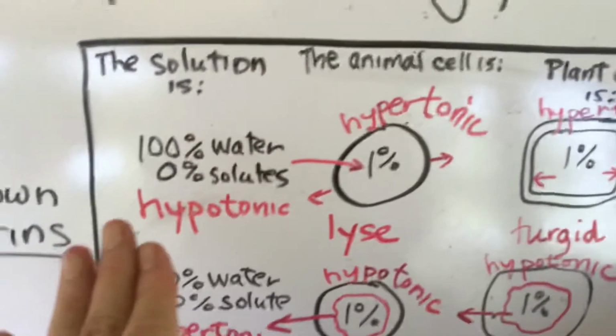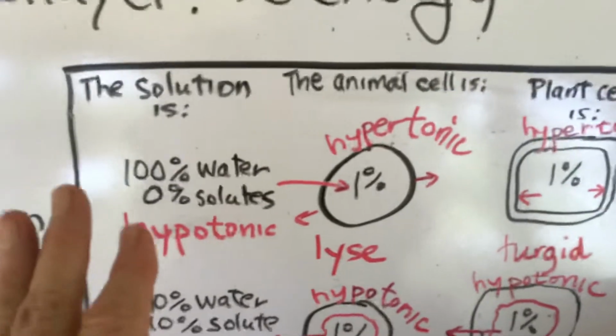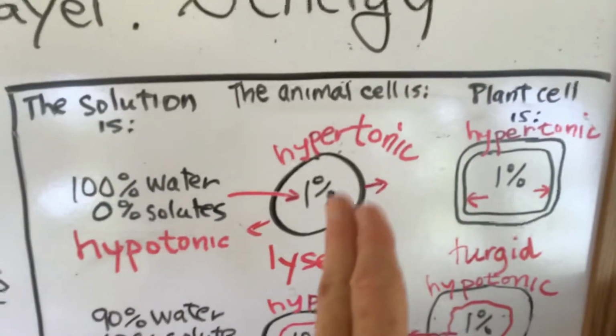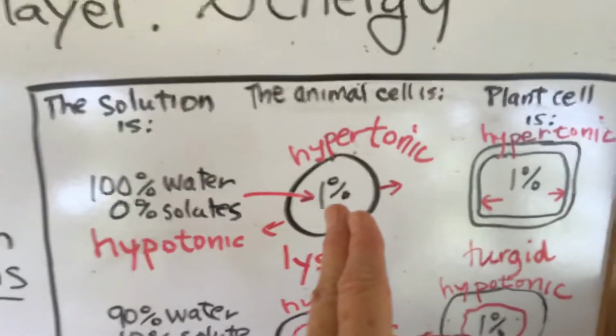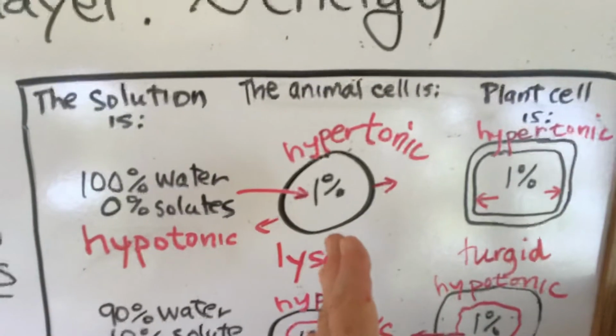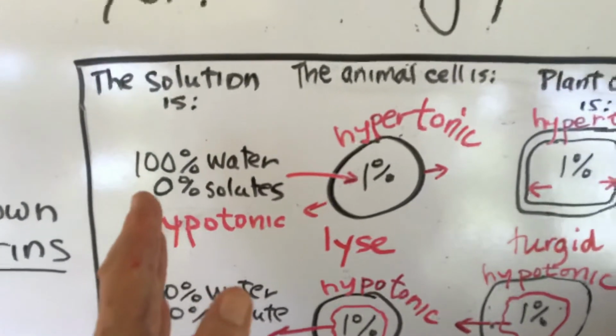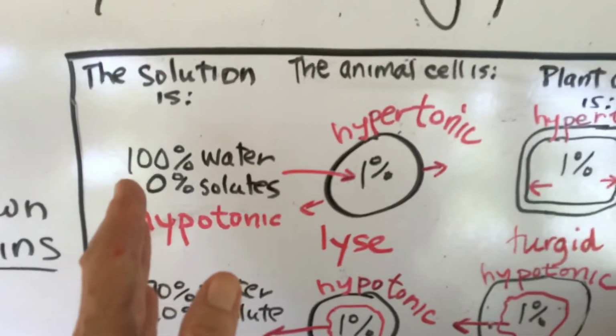All right. Now, a lot of times, and in your book, this is what they say, this is a hypotonic situation. But you can talk about the cell as well. So in this case, the cell is hypertonic. So hypertonic means where the solutes are, and hypotonic means where the solutes are not, or that is where the water is. Okay?